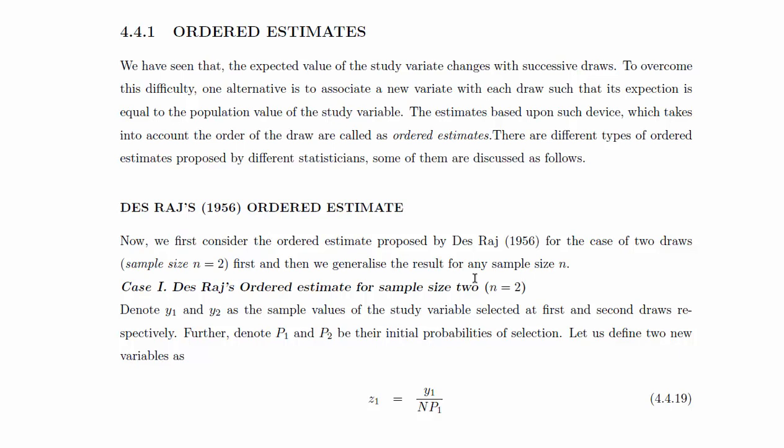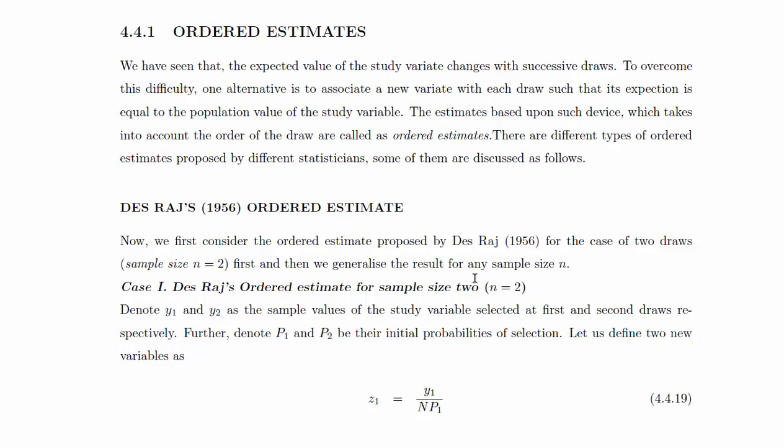Here we are selecting only 2 units in our sample, because then we shall generalize subsequently to any sample size. Now first consider the sample size n equal to 2. Since we are selecting 2 units, we have to make 2 draws.